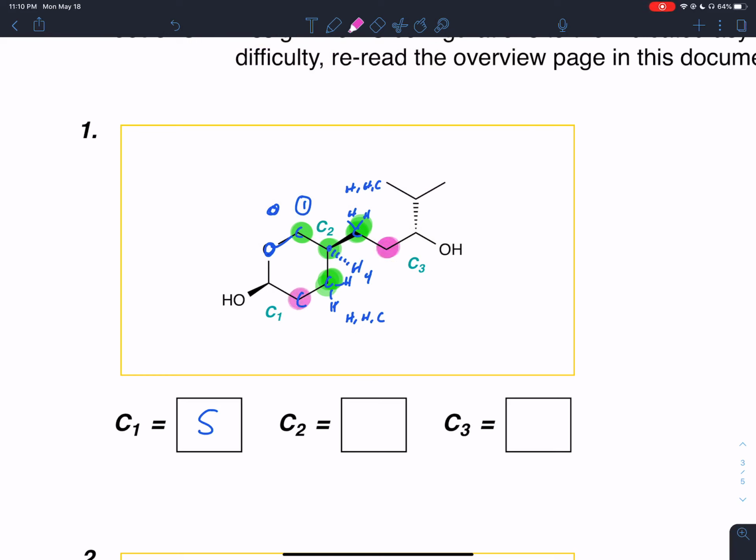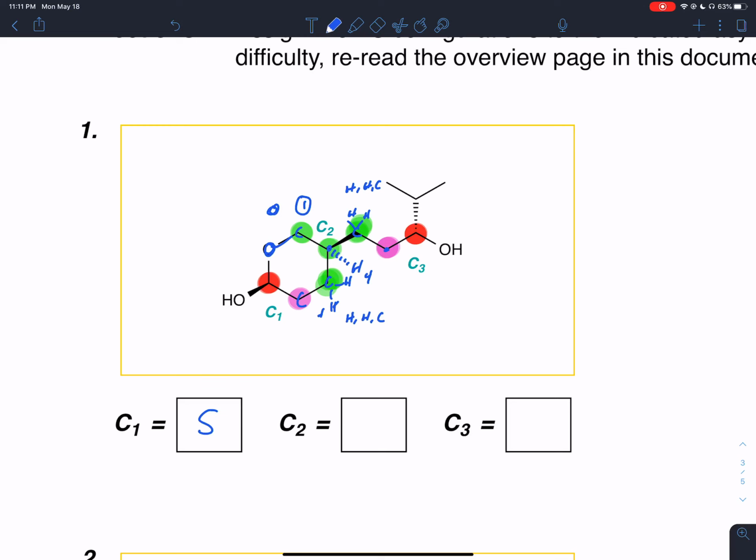What are these bonded to within one bond? Okay, and here you have this carbon being bonded to hydrogen, hydrogen, and carbon. Okay, hydrogen, hydrogen, carbon. This is bonded to hydrogen, hydrogen, and carbon. Again, we're going one bond at a time. Because those tie, we have to go one further to see if there's another point of difference. So now your visual reference point will be these carbons here.